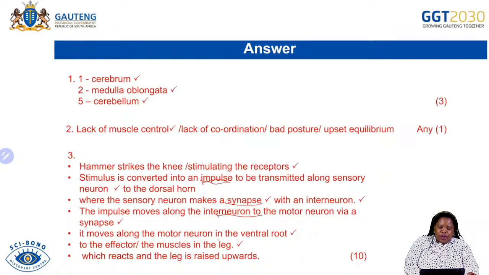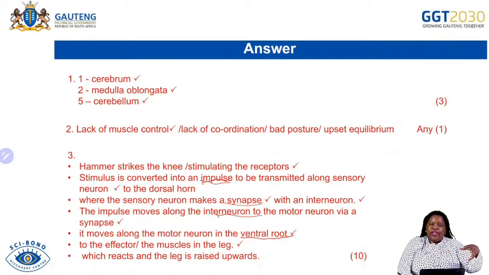It moves along the motor neuron in the ventral root. That's what I've shown you when we were doing the reflex arc. Now, it moves along the motor neuron in the ventral root to the effector, or to the muscles in the leg. Remember, I was hitting you where? On the knee. Okay?